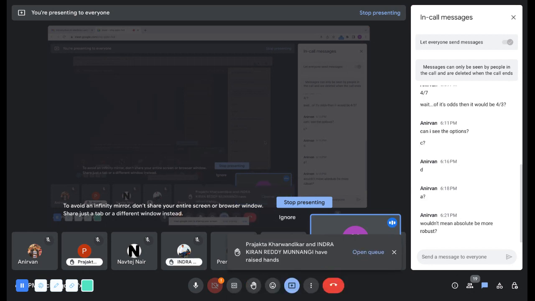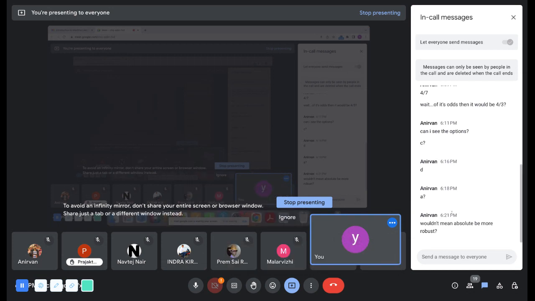So mean absolute error. That's right, mean absolute error. Why do you think that mean absolute error is most robust to outliers?